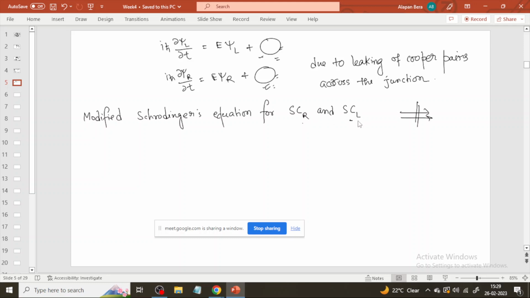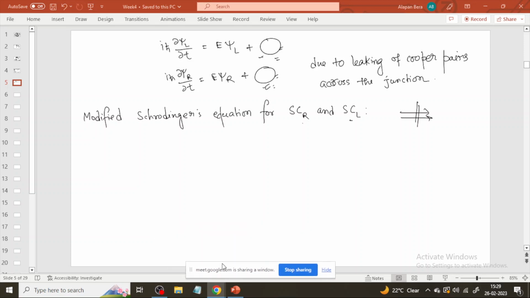Left and right superconducting region. Let's say some Cooper pairs enter the left region from the right region due to leakage, and the energy of these Cooper pair wave functions is given by some constant k.